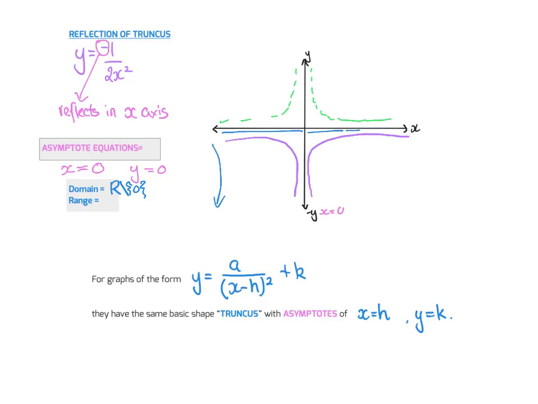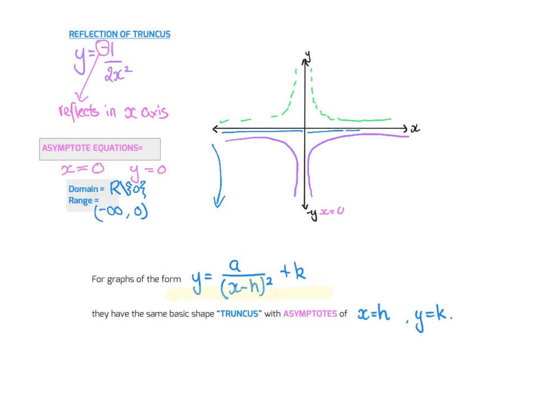So the largest number it gets close to is 0, and minus infinity would be all the small ones. So that's our range.